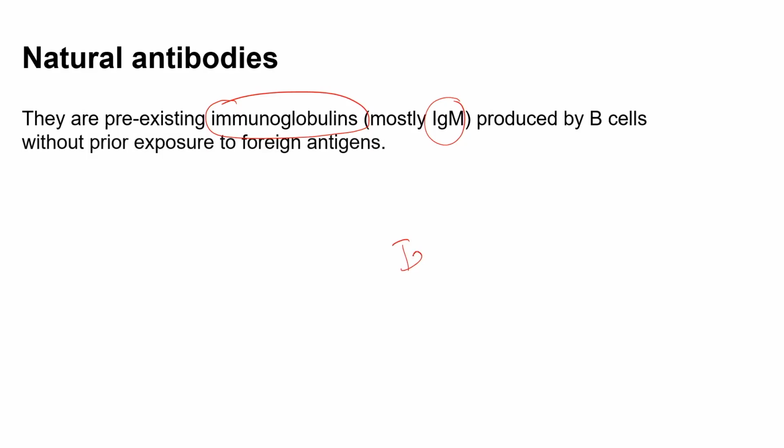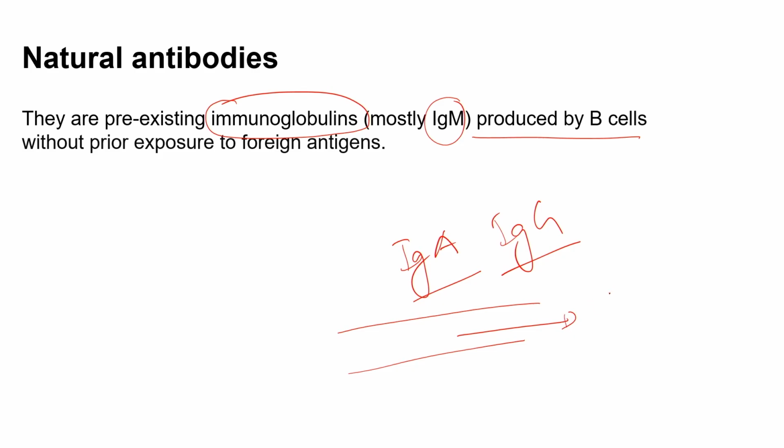Mostly these are IgM, but there could be IgA and IgG immunoglobulins as well. For the time being, just understand that natural antibodies are antibodies present in the human body even without any infection, and these are produced by a specific subset of B cells. Even when there is no infection, they are present and circulating in the bloodstream to keep the system sterile.